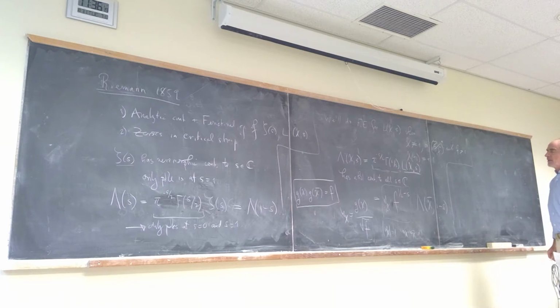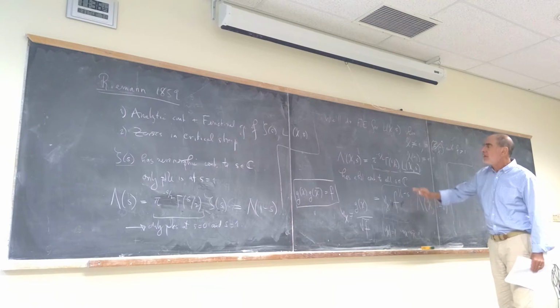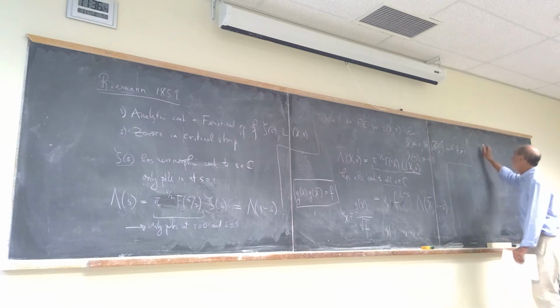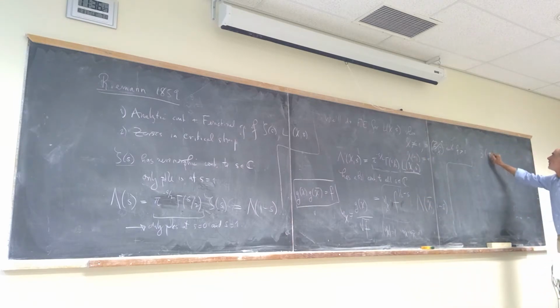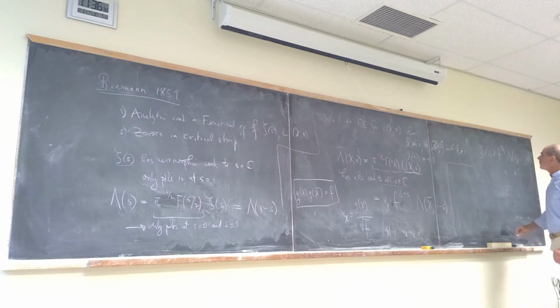But some people like to simplify it and pull this power of f into the definition of the thing. They call it c of s, which is f to the s over 2 times lambda of s. If you do that, then the functional equation looks a little simpler.